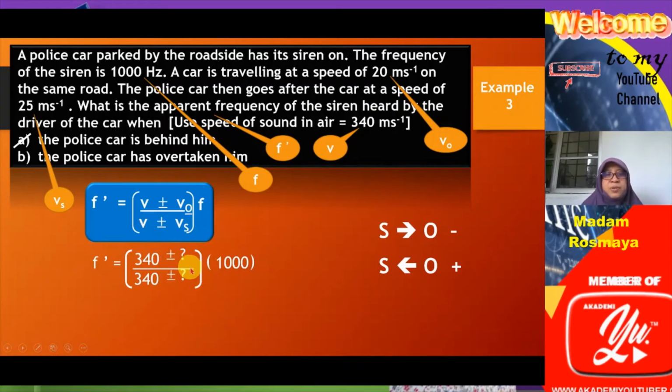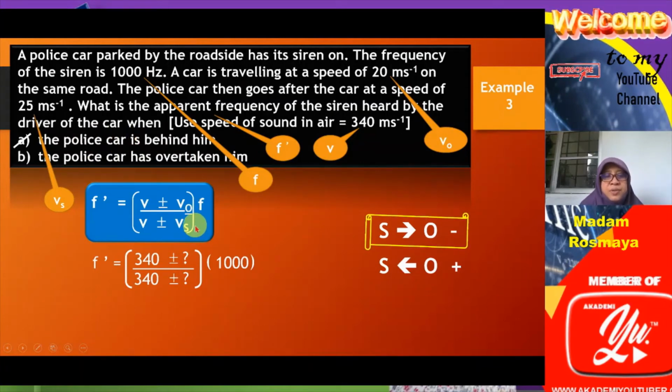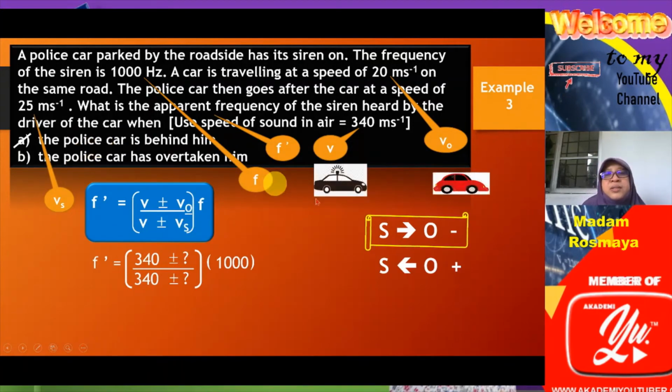Now both the observer and the source are moving. So we are going to determine the sign, plus or minus, for the observer velocity and for the source velocity. The police car is behind him. Imagine the police car here as the source and the car here as the observer.